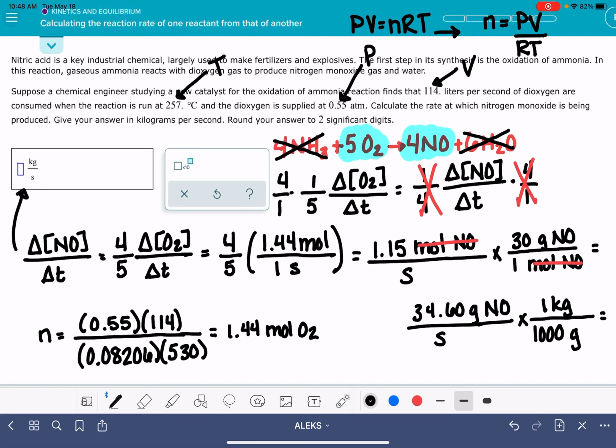And we get, finally, the answer, 0.035 kilograms per second.